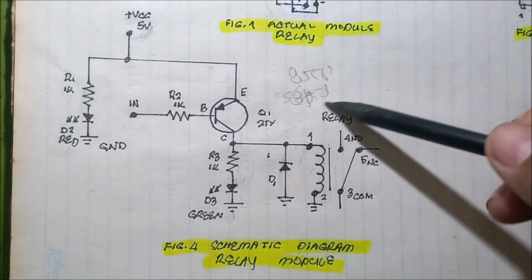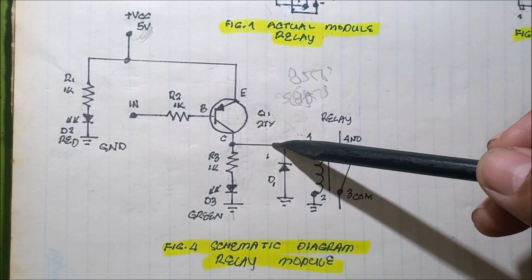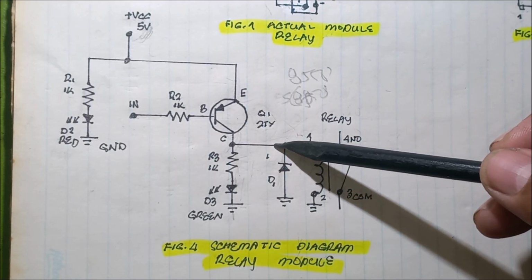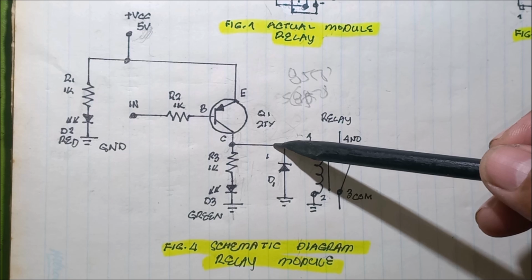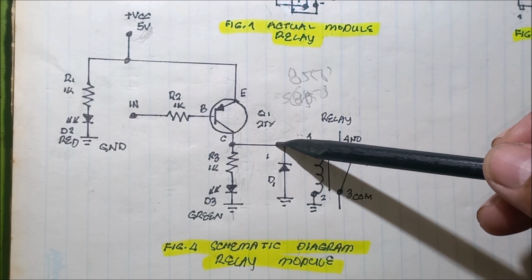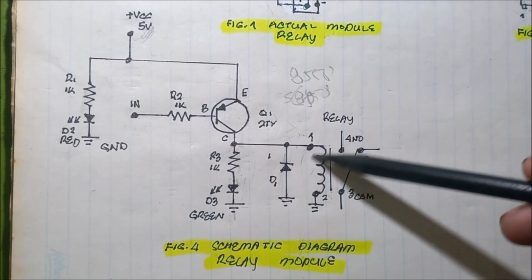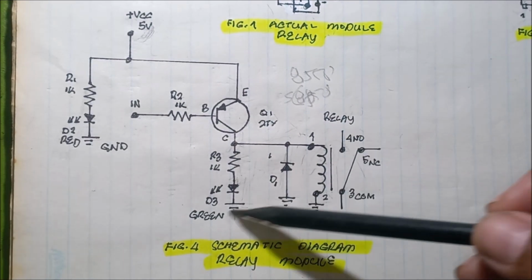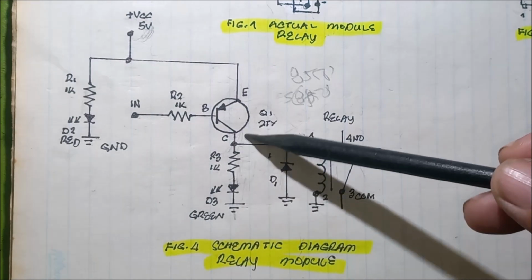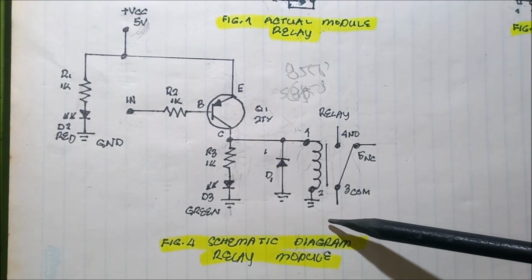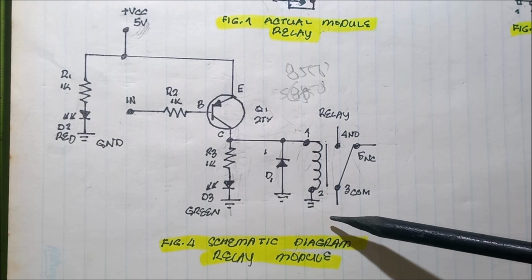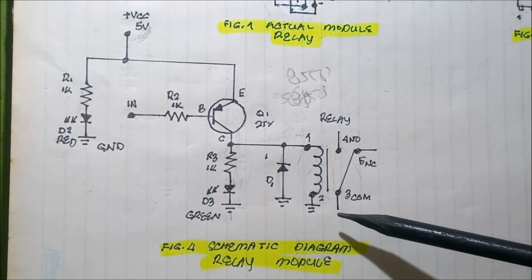So what kind of relay are we using here? Is this a high level triggering relay or low level? And besides, the relay is connected this way into the ground to the collector. What level? Is it low or high level triggering?